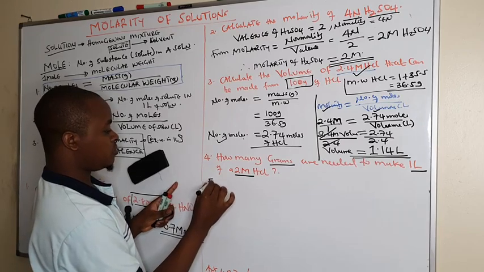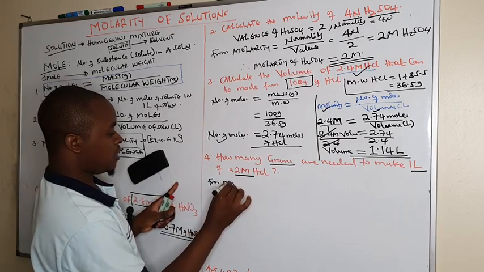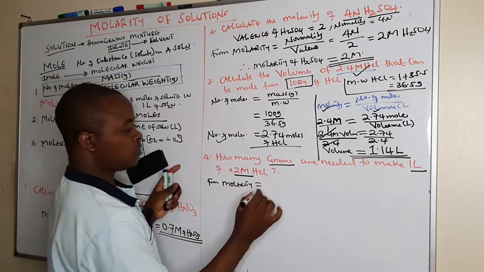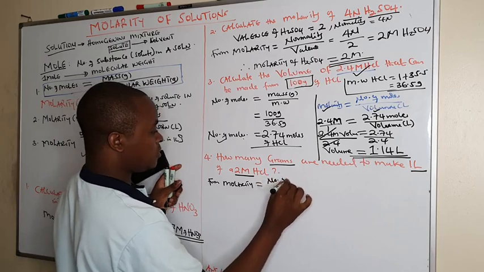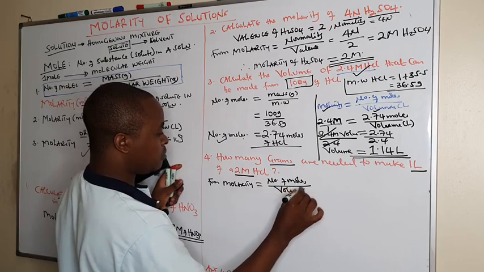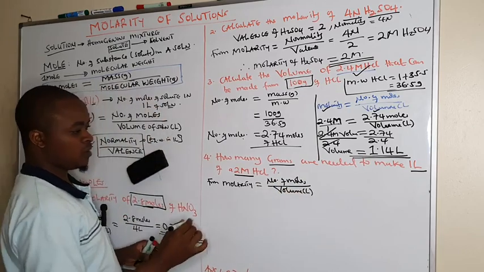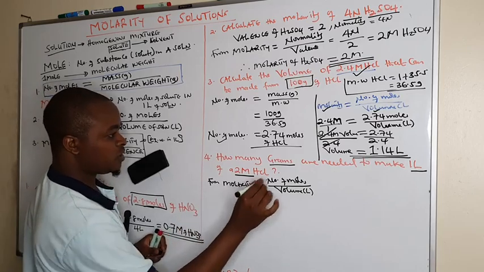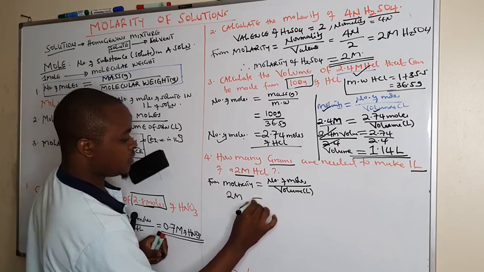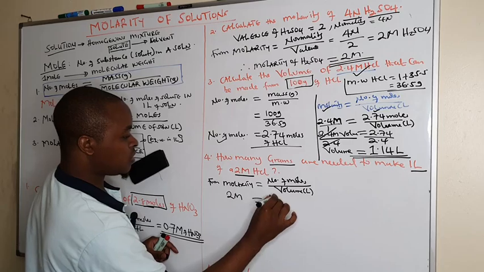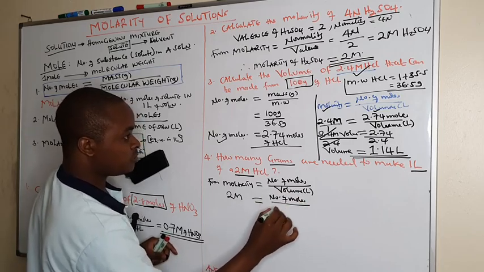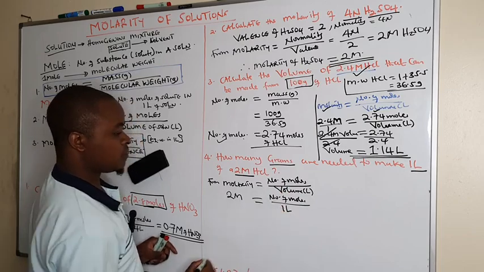So molarity equals number of moles divided by volume in liters. Molarity we already have, which is 2 molar, is equal to number of moles, which we don't have, divided by volume, which is 1 liter.